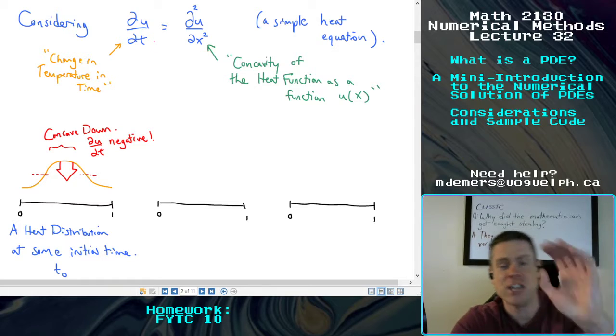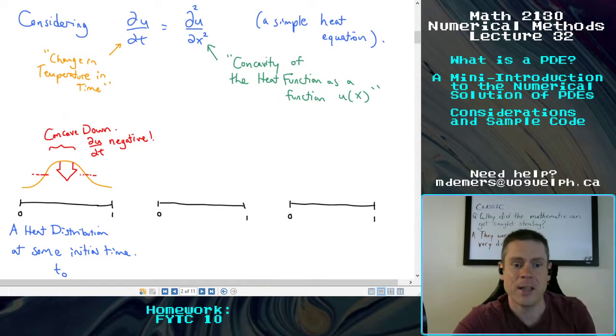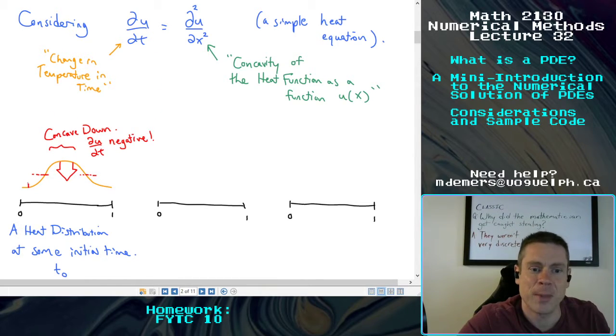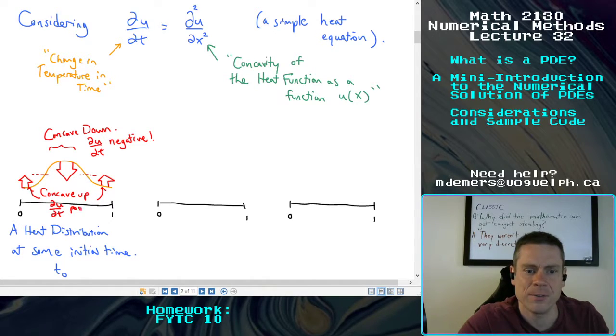That means the change in temperature in time is positive. And that means that I would expect the heat to be increasing here and increasing there. So I'm going to just write here concave up, du dt is going to be positive.